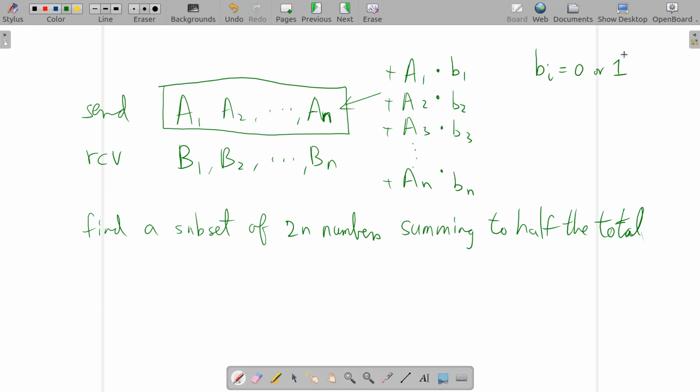If it's 0, it means I don't use it. If it's 1, it means I use it. And I want to be able to say that by choosing Bi appropriately, whether it's 0 or 1, I will be able to get a result of whatever I want.